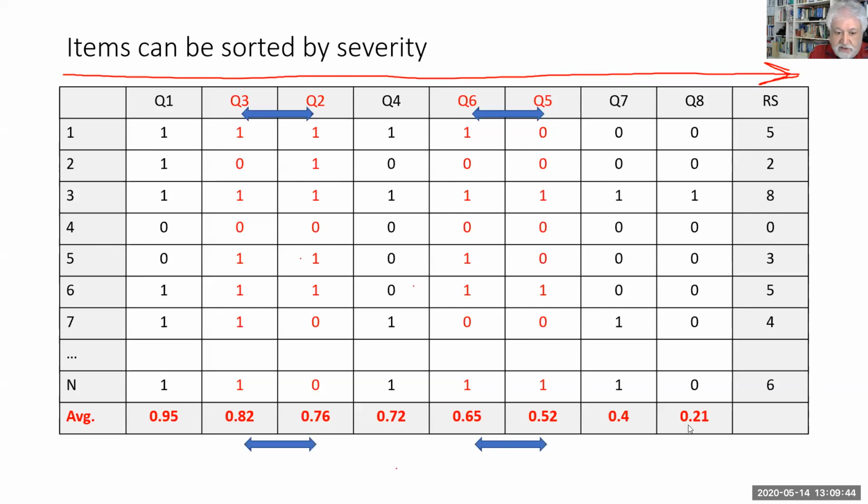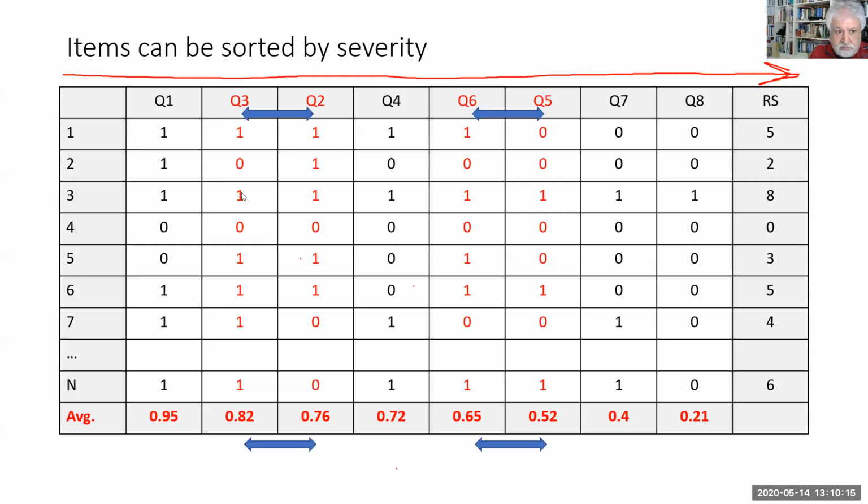It's an example that demonstrates that in this application there was quite good discrimination, because there is a quite wide range, going from almost everyone saying yes to the first question, to only 20% saying yes to the last question, which means it's a well-designed test that scans a large range of severity.